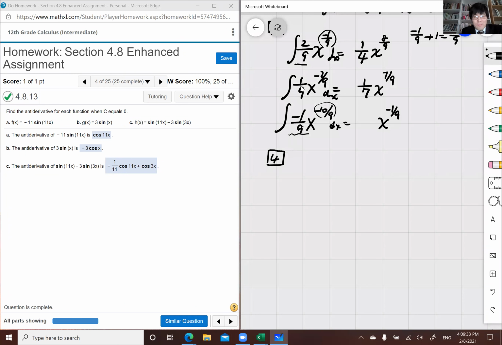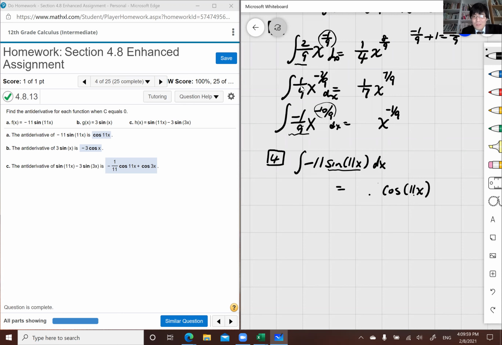So let's see. Negative 11 sine of 11x. When you take the antiderivative of sine, it's going to be negative cosine. But think about just the cosine. When you differentiate cosine of 11x, you're going to get the negative sign and the 11 comes out.